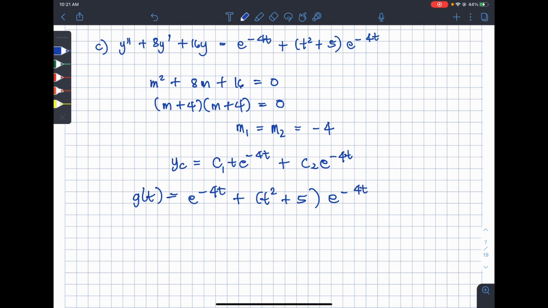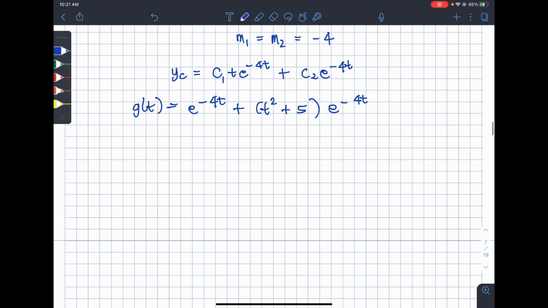I think we can combine the two, right? Am I correct with my given? Let me double check. Okay, so they are really the same. So from here, I could combine them first.